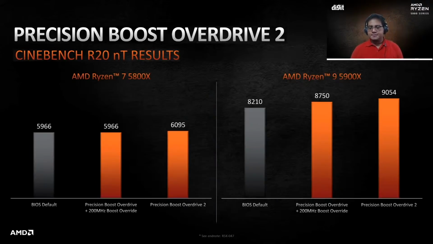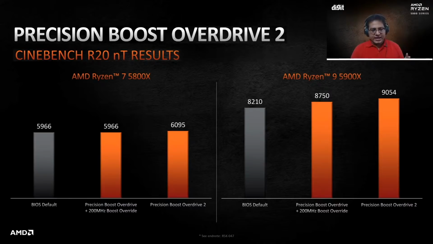Now here we see three graphs, okay, and three graphs per processor. Very first one, which is the gray colored one, is the stock one, which is with no bias settings touched whatsoever. We're running the 5800X as well as the 5900X at their stock frequencies. And then you have the middle graph, which is Precision Boost Overdrive, which was the previous iteration of PBO2, along with a 200 megahertz boost override. So whatever boost that the processor is advertised for, you're adding 200 megahertz on top of that.